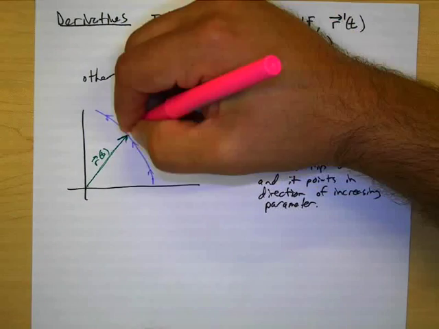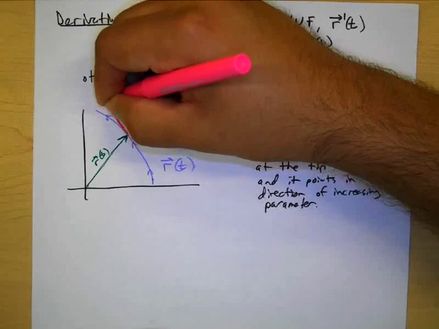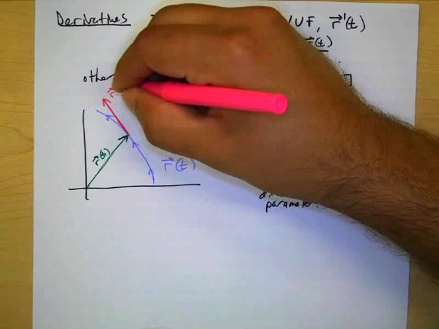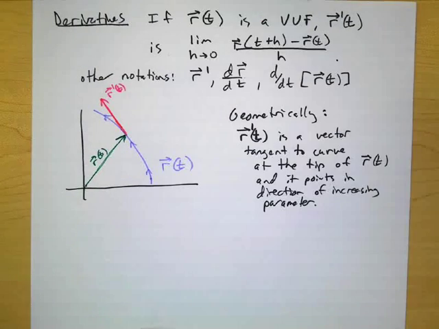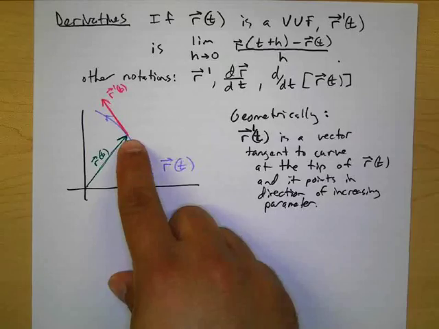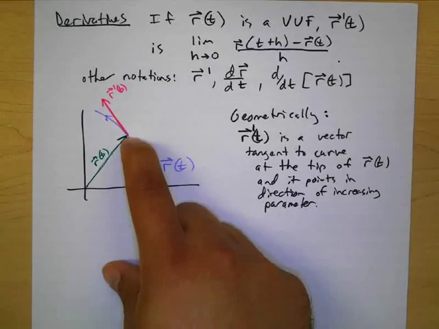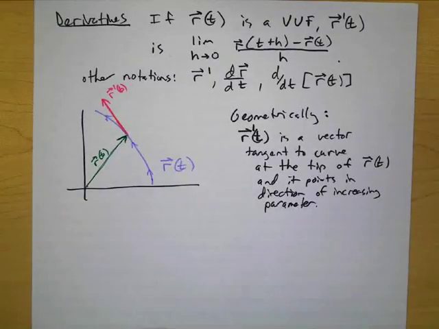So it's going to have to look something like that. Okay, so that's what the derivatives of vector-valued functions look like. They tell us tangent vectors at the endpoint of r of t. And it tells us the direction of motion, if we wanted to think of this as motion, which we will later.